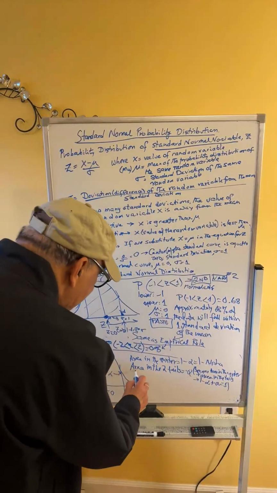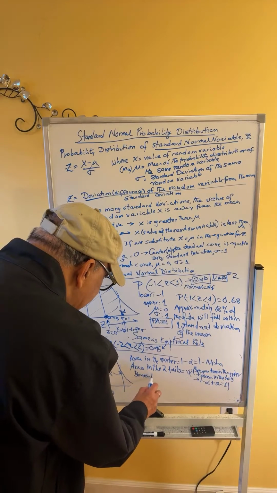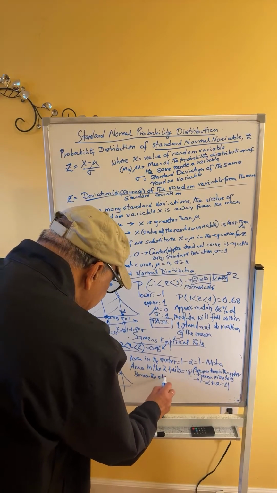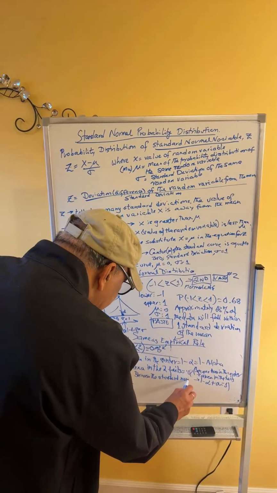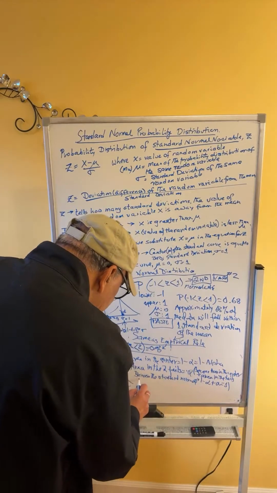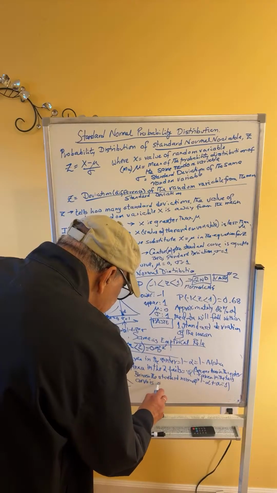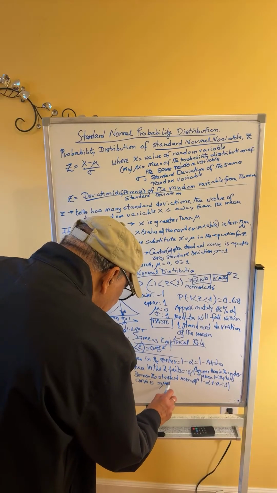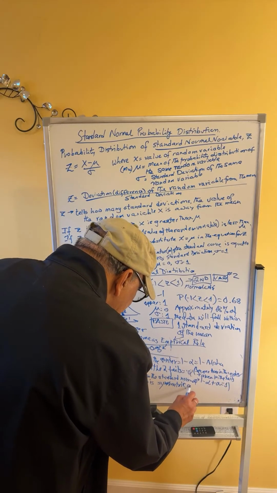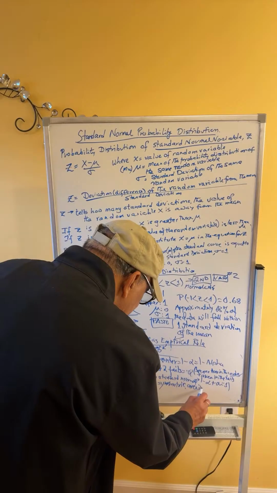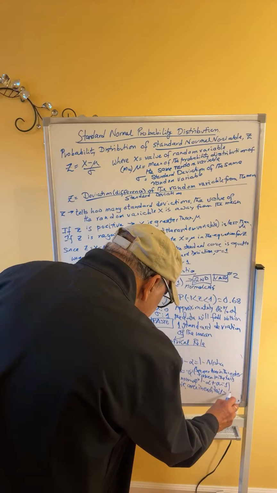So because the standard normal curve is symmetric, that means left half is equal to the right half. Area in each tail is alpha by 2.